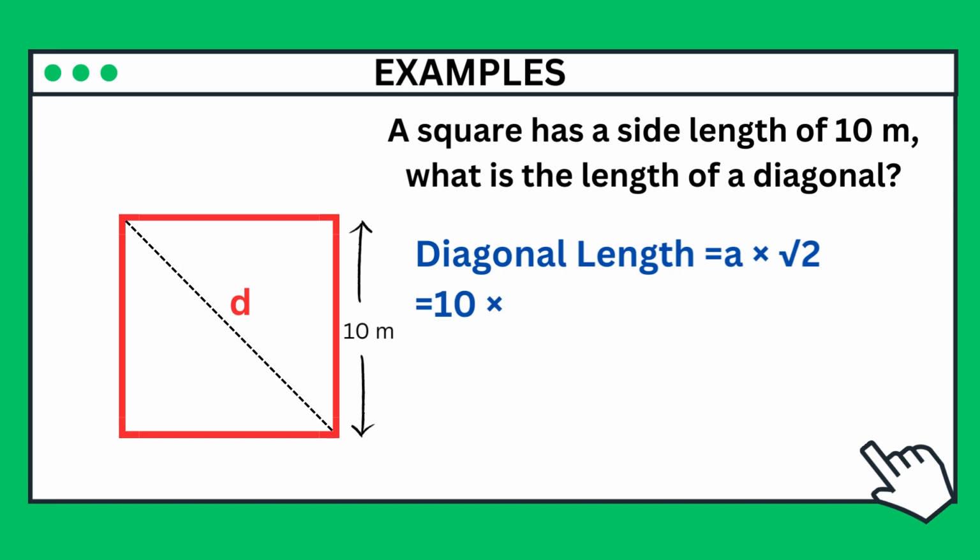So ang square root of 2 is equal to 1.41421. Ang given natin sa a, yung side length, is 10. So i-multiply lang natin 10 times 1.41421. So the diagonal length is 14.14 meters.